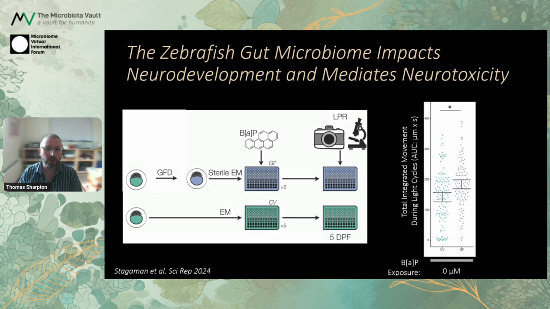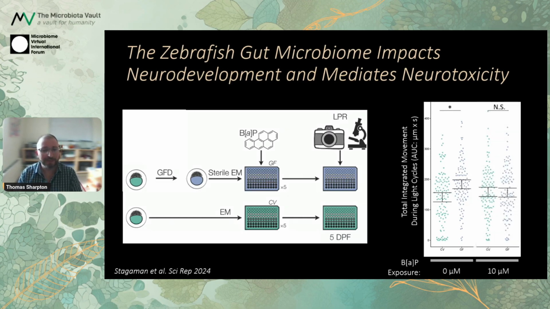The beeswarm plot on the right shows conventional fish in light color and germ-free fish in dark color. Under control conditions, germ-free fish are more hyperactive than conventional fish. But with BAP exposure, that difference disappears. Conventional fish become more hyperactive compared to their controls, while germ-free fish become hypoactive.